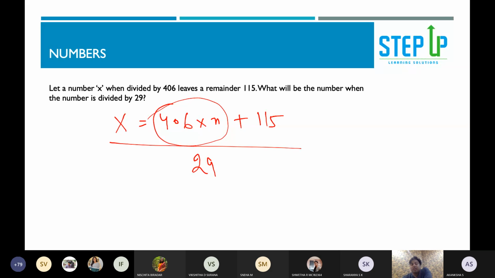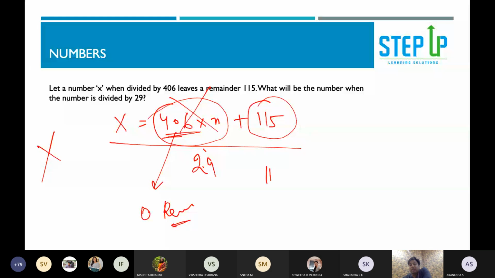If it is not, you can never find out the remainder; the answer cannot be determined in such cases. But generally, whenever you get this question, this part is always divisible by 29, so it gives you zero remainder because it is completely divisible. Now you're left with only 115. You just need to divide 115 by 29. You get 28 as your remainder.